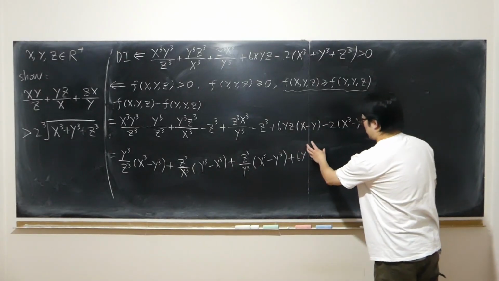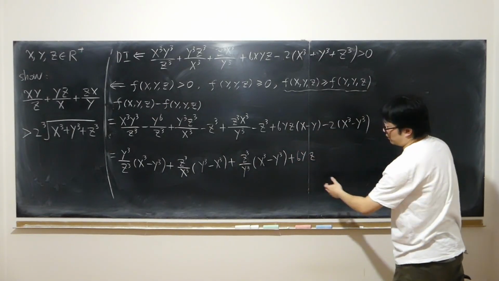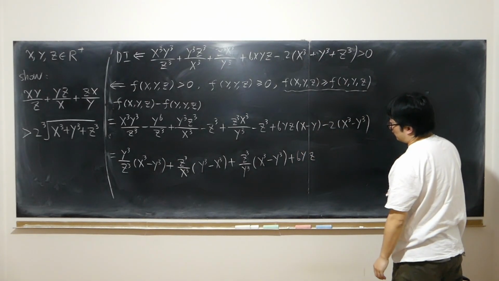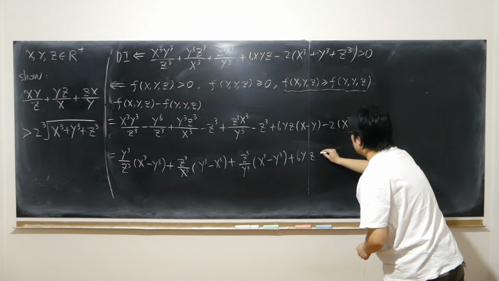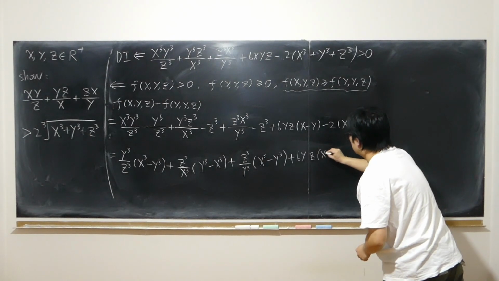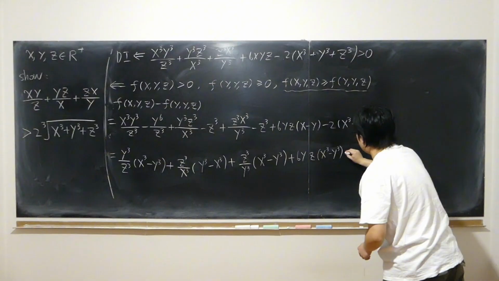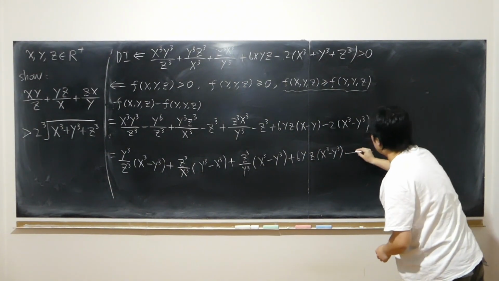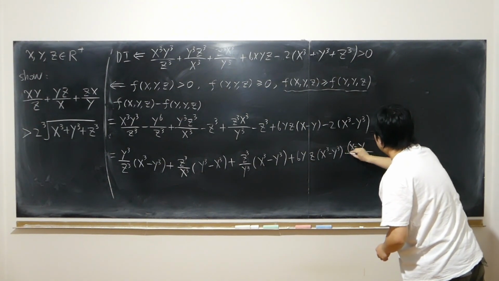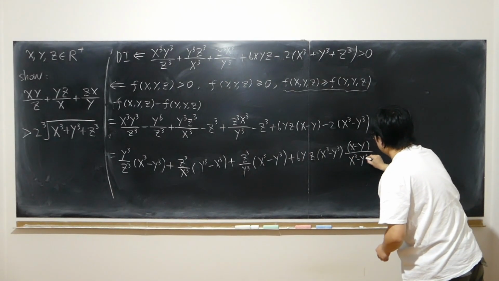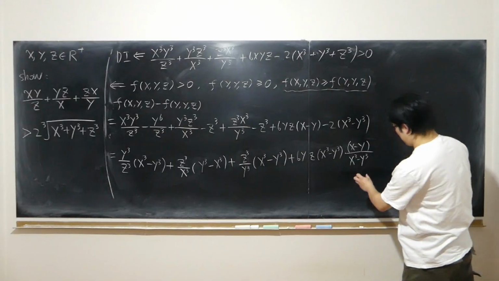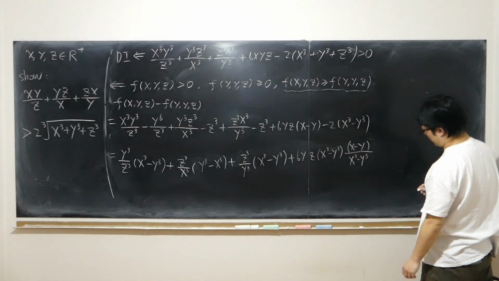So this term doesn't have x cubed minus y cubed. What do we do? We multiply, then we divide. We copy down x minus y, divide. But here we apply the difference of cubes.